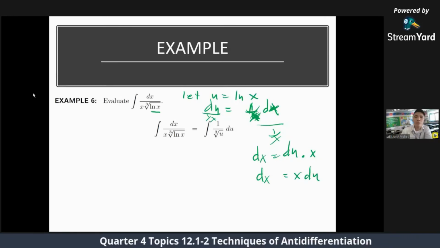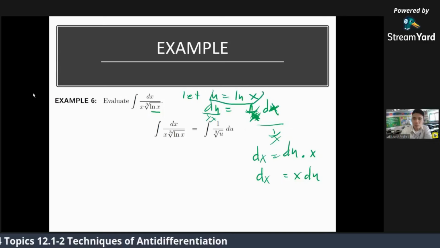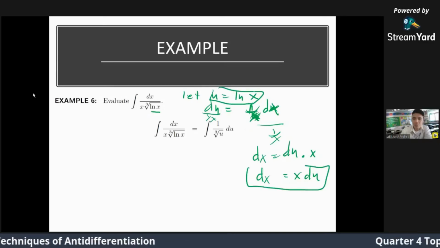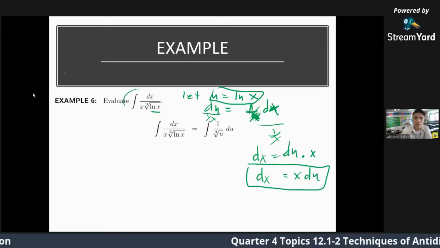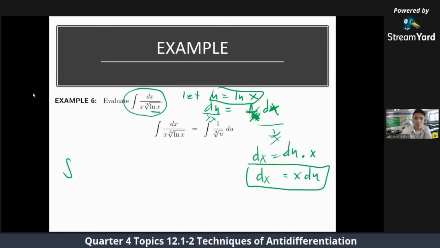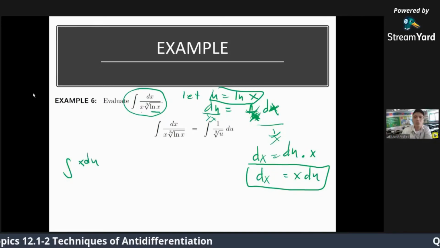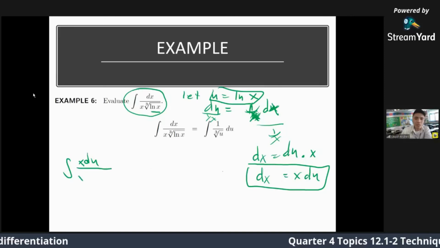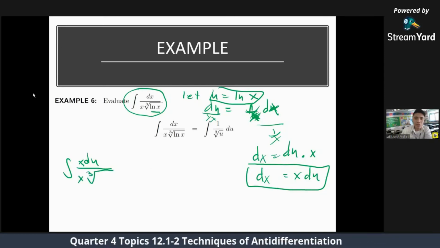So okay. Nahibaloan na ni u, nahibaloan na dx. So by substitution, from here, we can write that one as integral of, ang dx na to is just x du, over, copy lang si x, tapos cube root of ln of x, gilet na to as u.